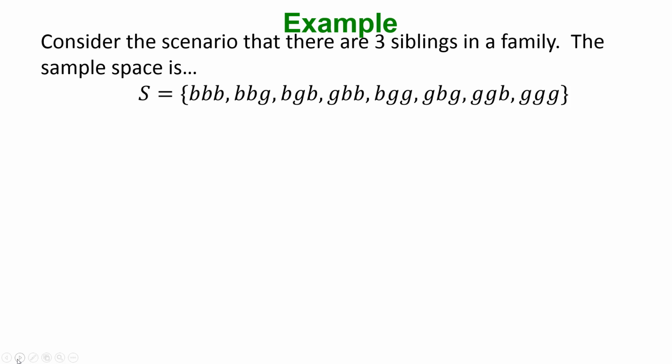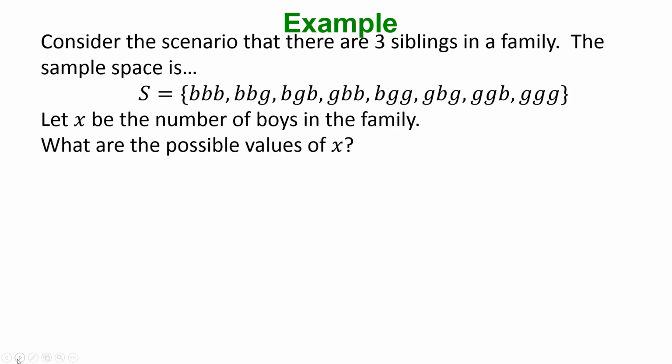Now what we're going to do is to construct a probability distribution, but for a particular outcome. So we call X a random variable and we assign it a certain value. So in this case, let X be the number of boys in the family. This random variable has which possible values, I should say.